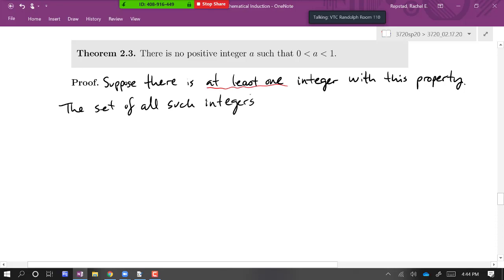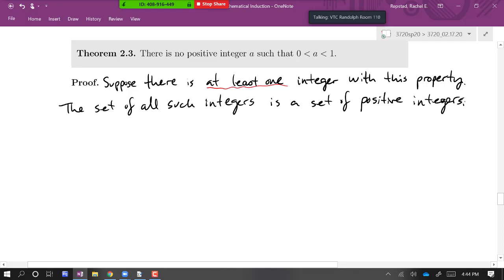All the integers that fit this property is a set of positive integers. So I've got a set of positive integers.